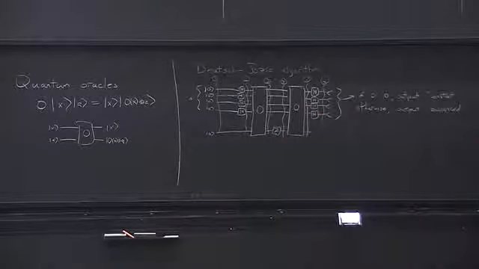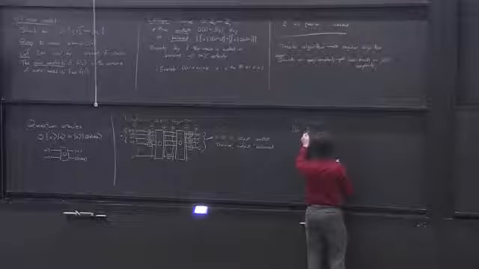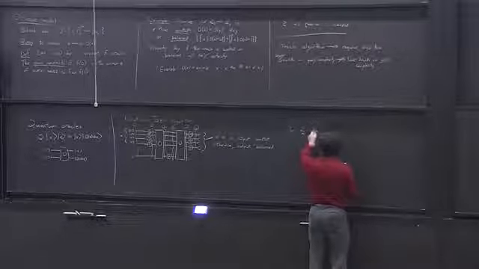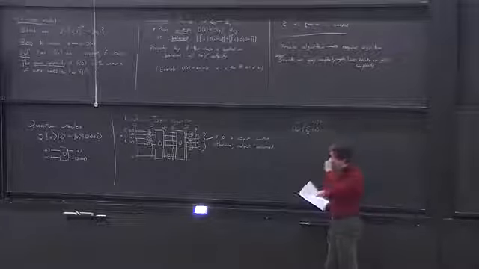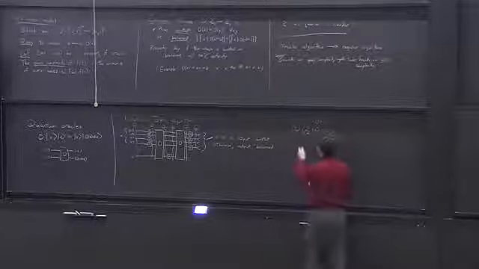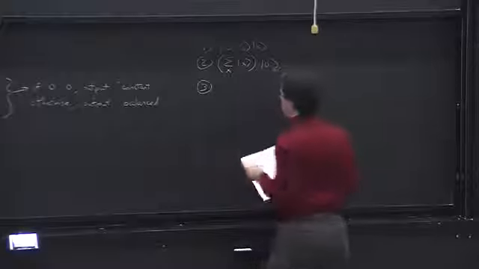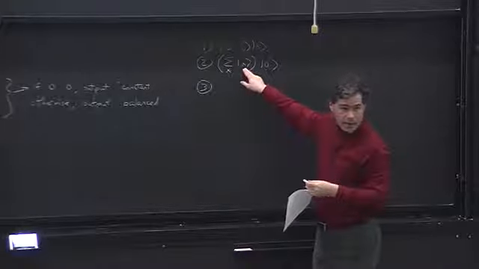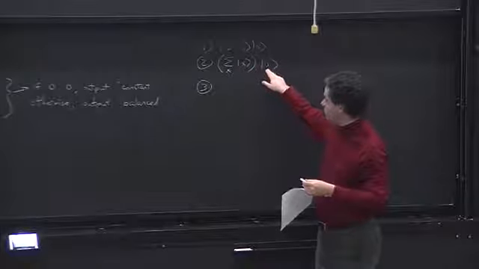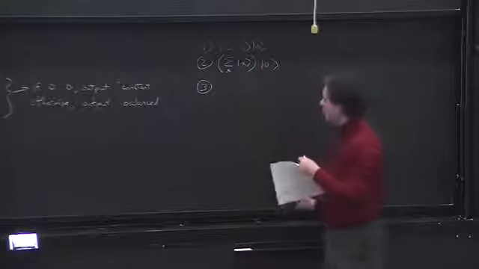So at this point, we have the sum over x of x, tensor 0. Now we do the oracle call. What does the oracle call do? For each basis state x here, this becomes 0 plus O of x.